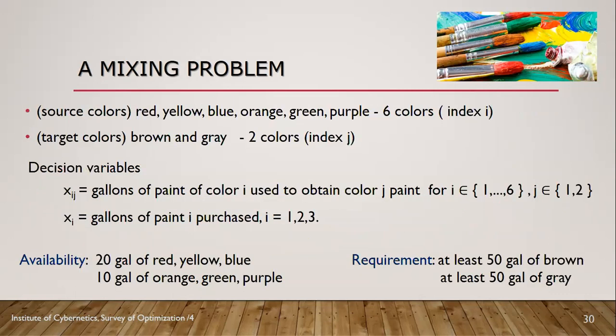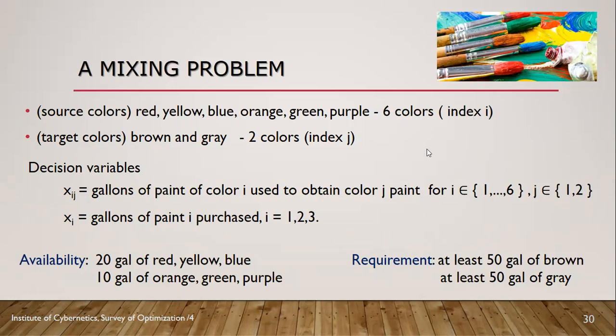Let's start traditionally. First of all, let's summarize all the data we have regarding this problem. We have source colors: red, yellow, blue, orange, green, purple. 6 colors altogether. Let's use index I for them.